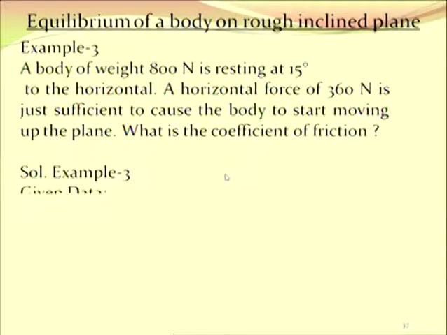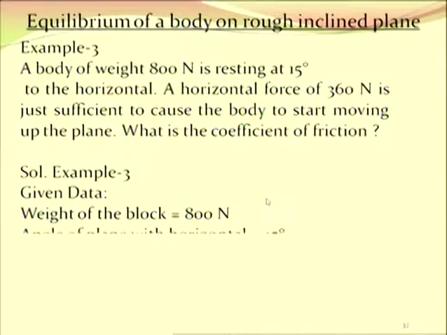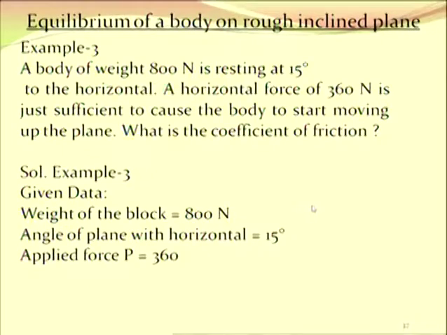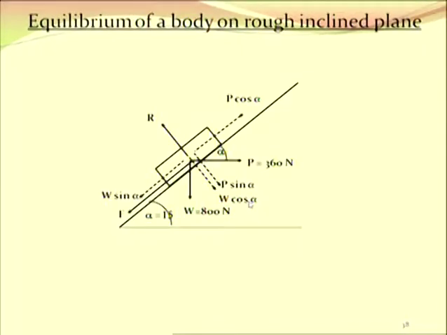So given data in this example: weight of the block, that is 800 Newton, angle of plane with horizontal, that is 15 degree, applied force P, that is 360 Newton.